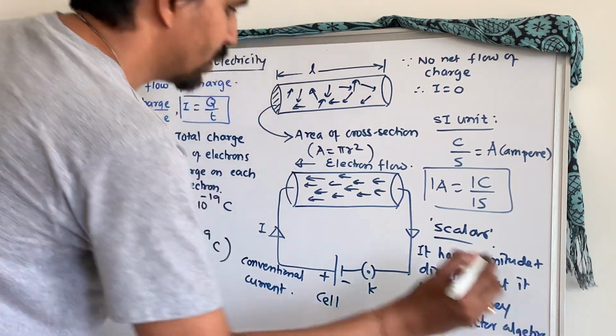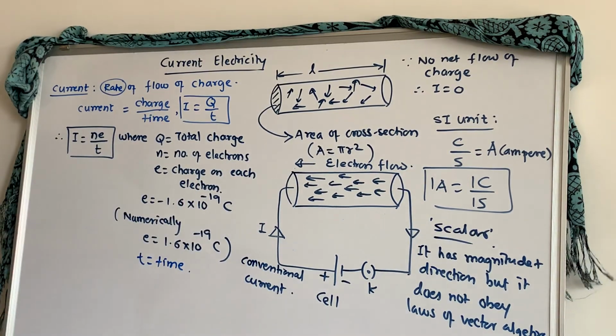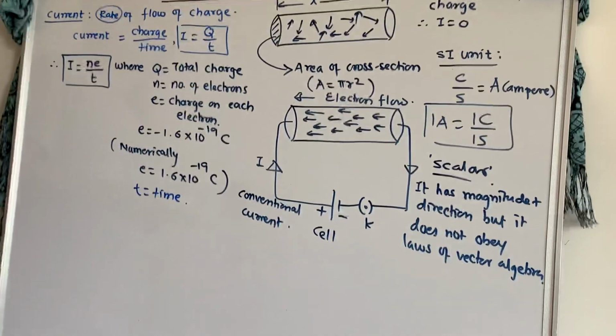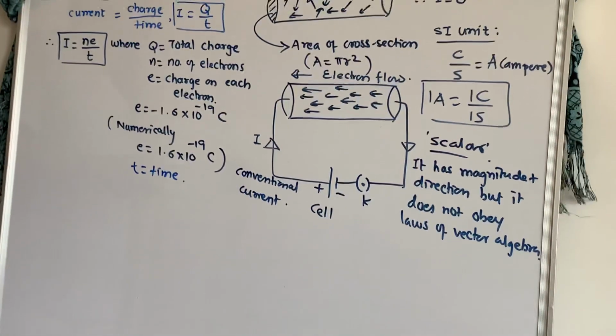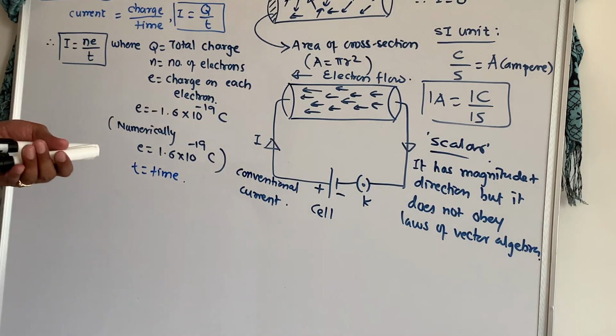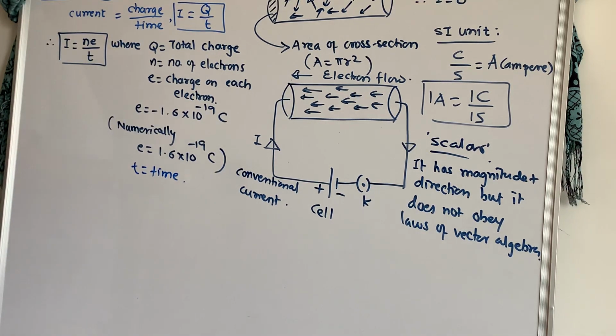What are these laws of vector algebra? They are there in standard 11, triangle law, parallelogram law, all this part. Current is not obeying that, and therefore although it has magnitude and direction, it is not obeying the laws of vector algebra. Therefore we call current a scalar quantity.